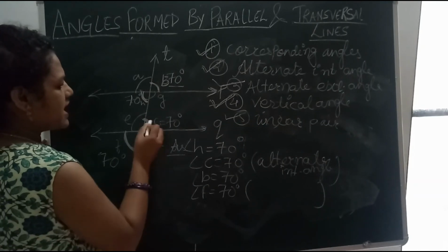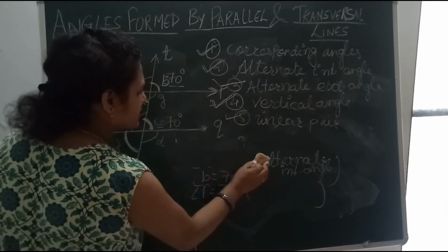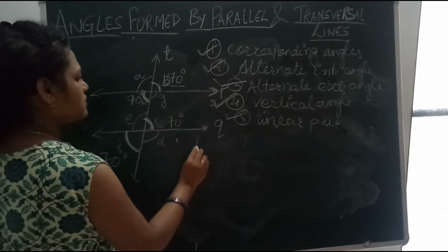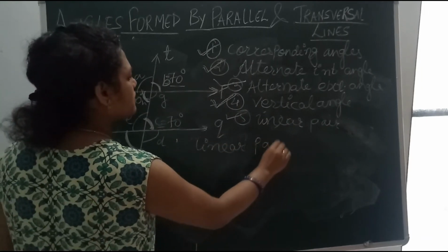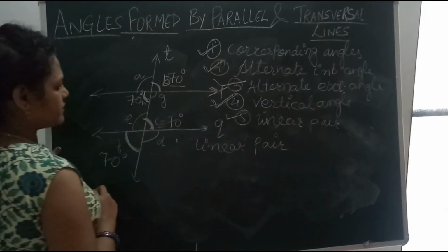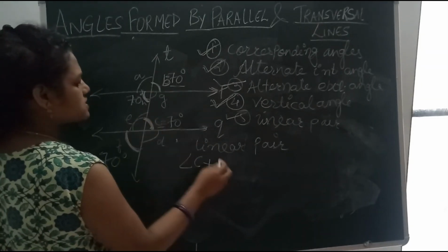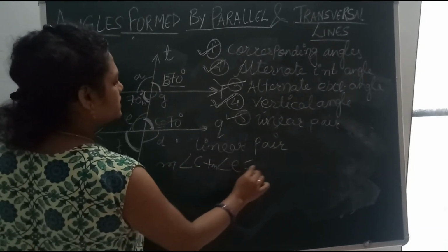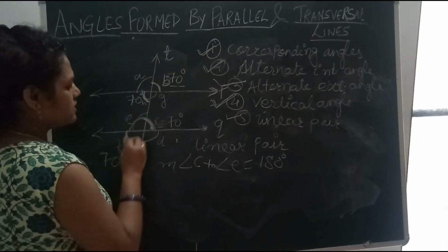We will see linear pair also. As your angle C plus the measure of angle E is 180, right? This is a straight line, straight angle.